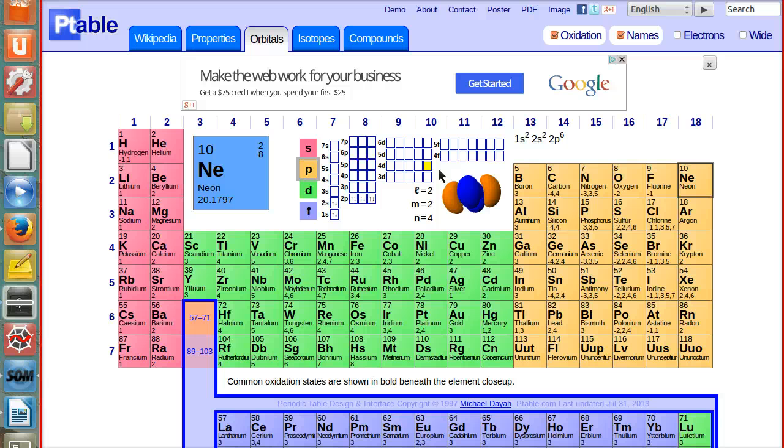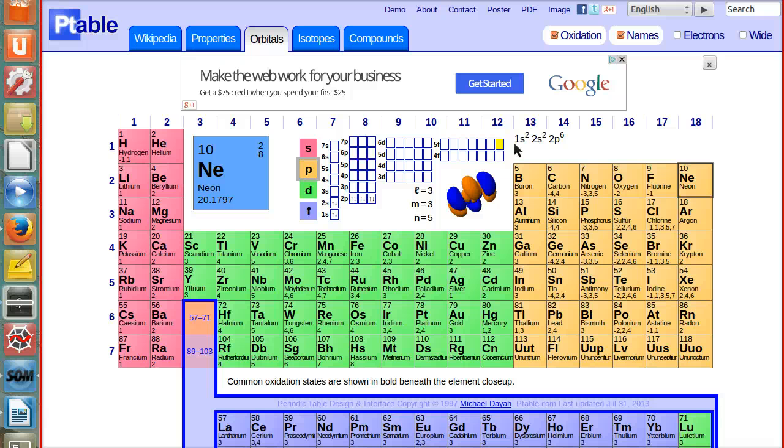So what we're seeing here is that the number of subdivisions is equal to the value of the principal energy level. So if you're in energy level 1, there's only 1 subdivision, and that's called S. If you're in energy level 2, there's 2 subdivisions, that's called S and P. If you're in energy level 3, there's 3 subdivisions, that's called S, P, and D. If you're in energy level 4, there's 4 subdivisions, S, P, D, and F. Energy level 5, yes, there is a G, but we don't really see G. We don't see G in what we call ground state atoms.